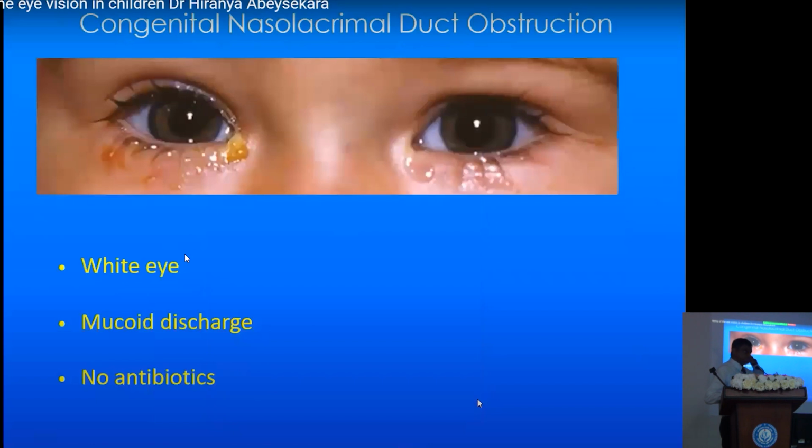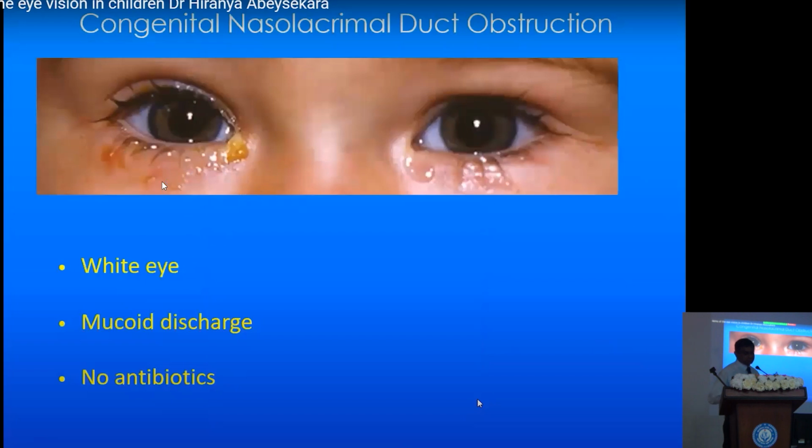How do you know whether it is purulent or not? I just say it's non-purulent just by looking at it, but you can do cytology and all that to exclude pus cells. But practically you don't need to do that. Basically, if the eye is white, it can't be purulent.